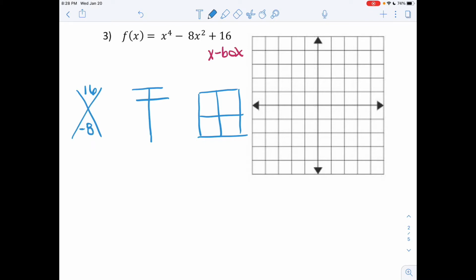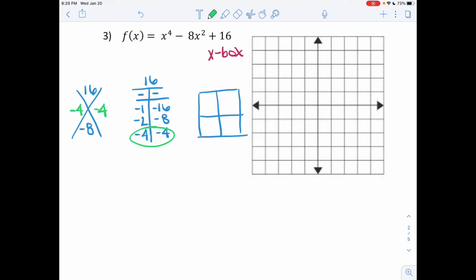So I'm looking for factors of 16 that add to be negative 8. That means I need a negative and a negative. Knowing that, I'm going to start with negative 1 and negative 16, negative 2, negative 8, negative 4, and that's it. The ones that actually solve my puzzle are negative 4 and negative 4.